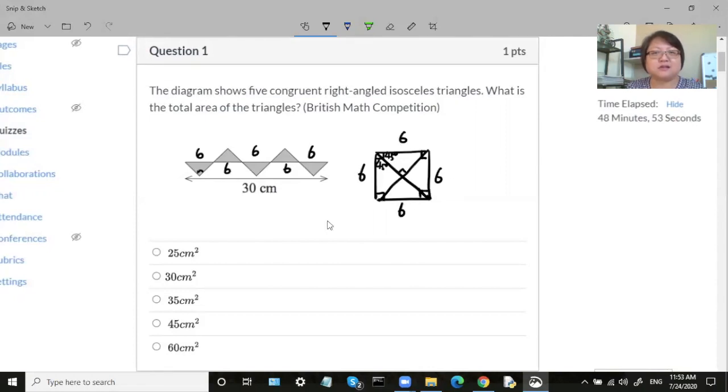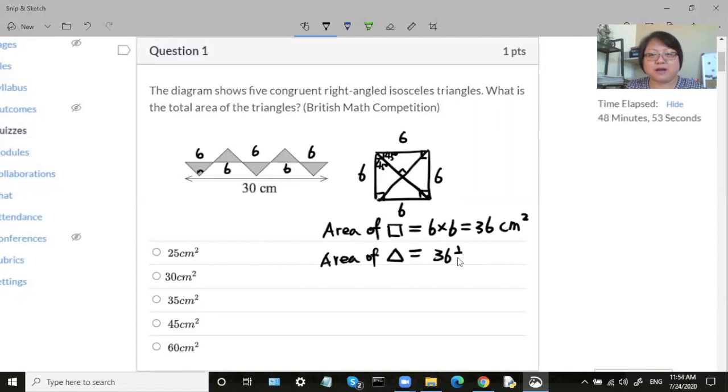6, 6. Okay, so then the area of the square equals 6 times 6, 36 centimeters squared. And the area of one right triangle is 36 divided by 4, because we have 4 right triangles forming one square.